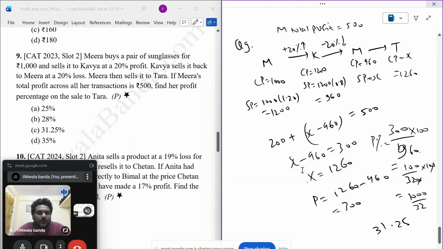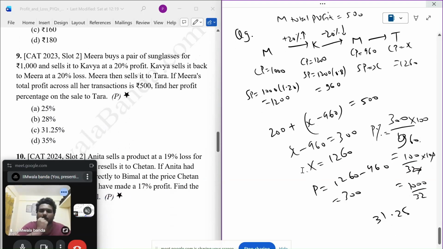Okay, so I hope it is understood. I think one of the confusions that comes is on this transaction. Meera is definitely earning here, and she's earning here when she got it back for 960. Some of you might think that she got an item of 1200 rupees for 960, so essentially she's earning something, but it doesn't happen like that. It's just like procuring a new item at 960 rupees this time, but she's not earning in this transaction.